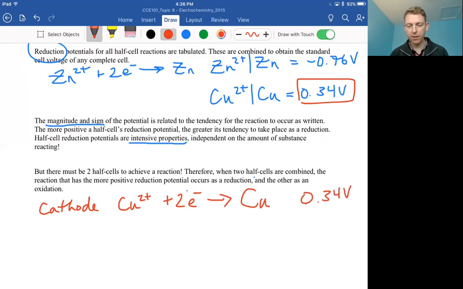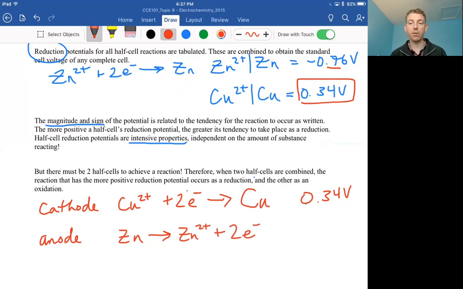Then the less positive one is going to be our anode. For that, we just turn it around backwards because we want the opposite reaction. Now we have zinc metal being oxidized into the zinc 2 plus ion plus 2 electrons.